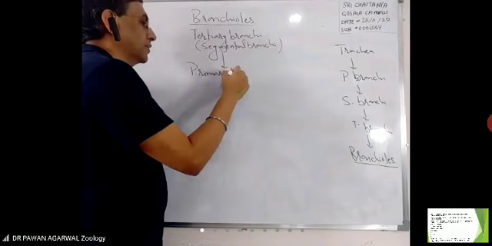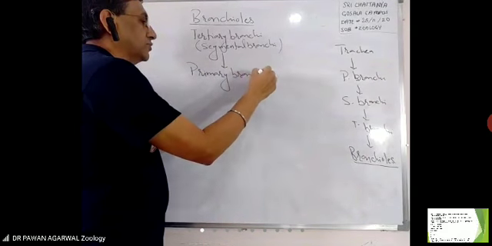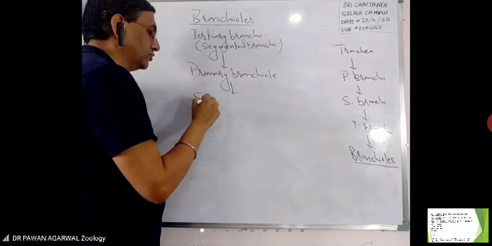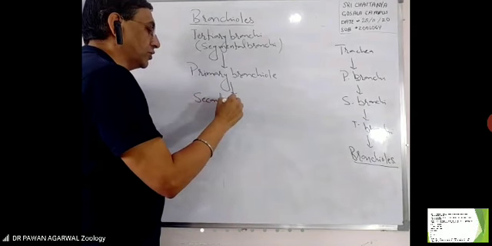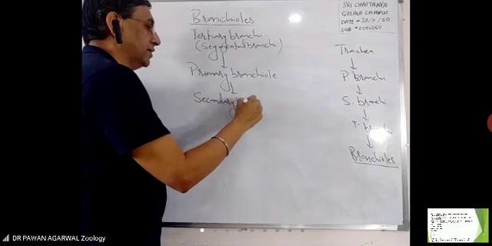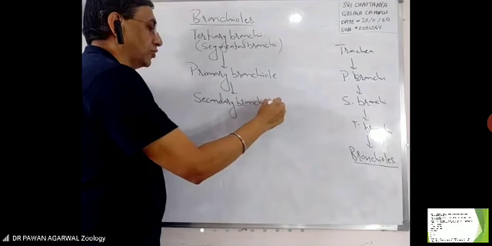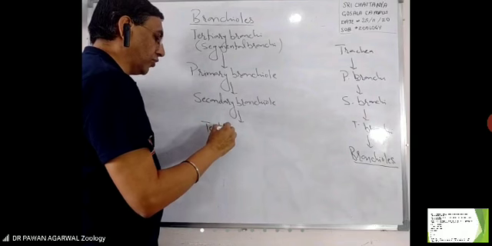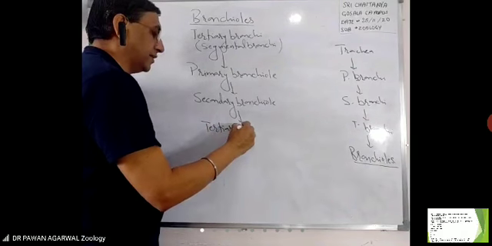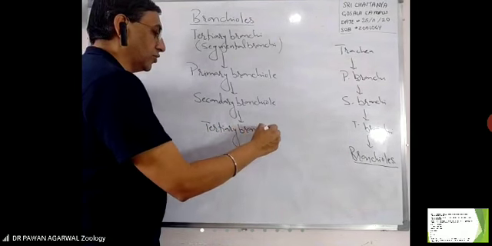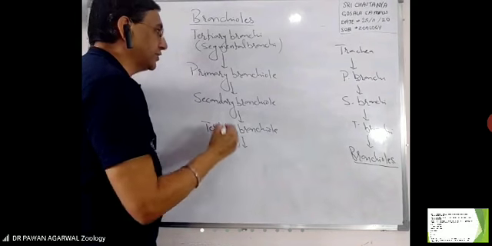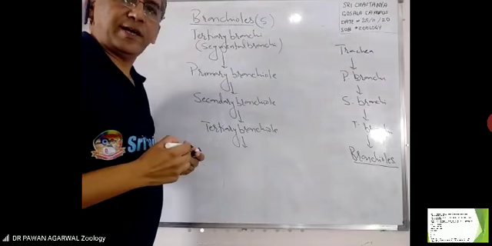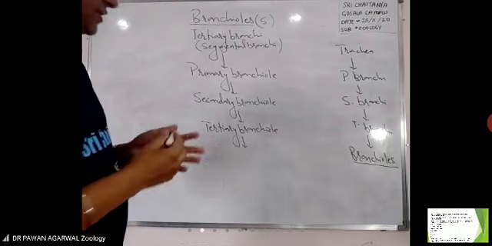Then it is divided into the secondary bronchiole. Then it is divided into the tertiary bronchiole. Then it is divided into the, how many types of bronchioles are there? 5. This all branching takes place in the lungs.